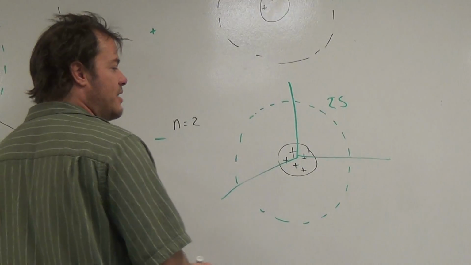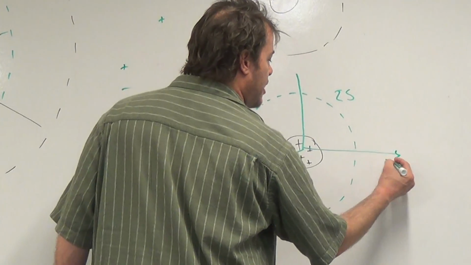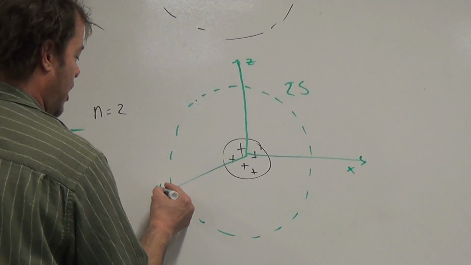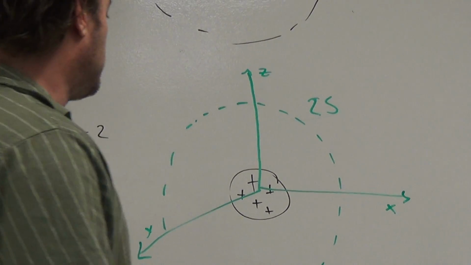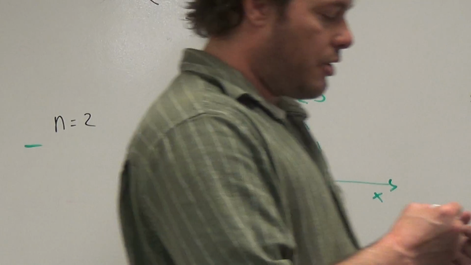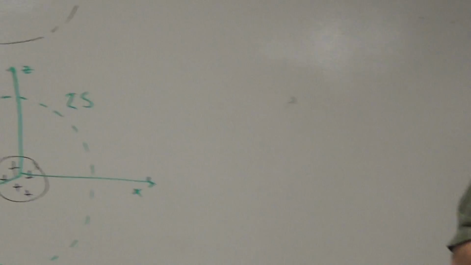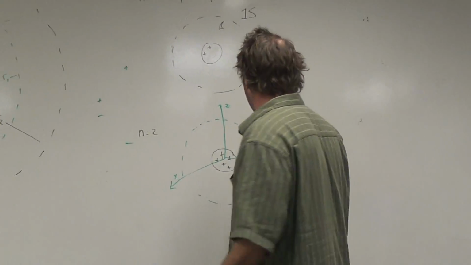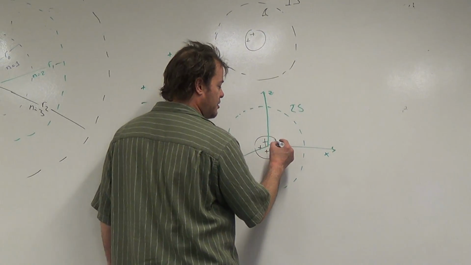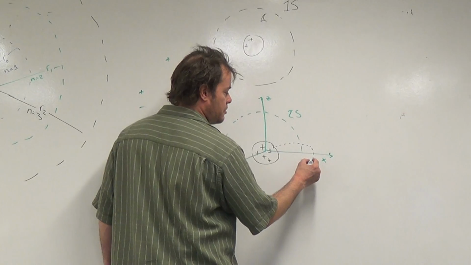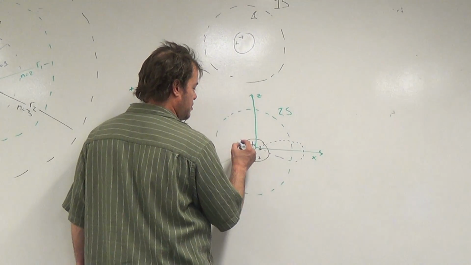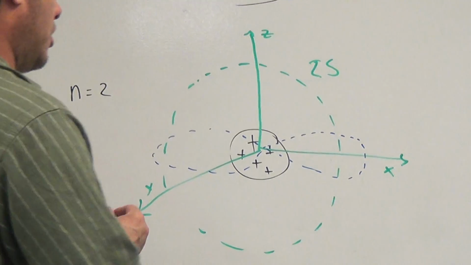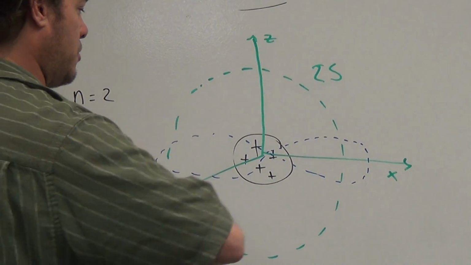I'm drawing x, y, and z axes here. So this is x, this is z, and this is y. There are 3 orbitals that stick outside of that. They're called p orbitals, and they have this teardrop shaped distribution of charge.